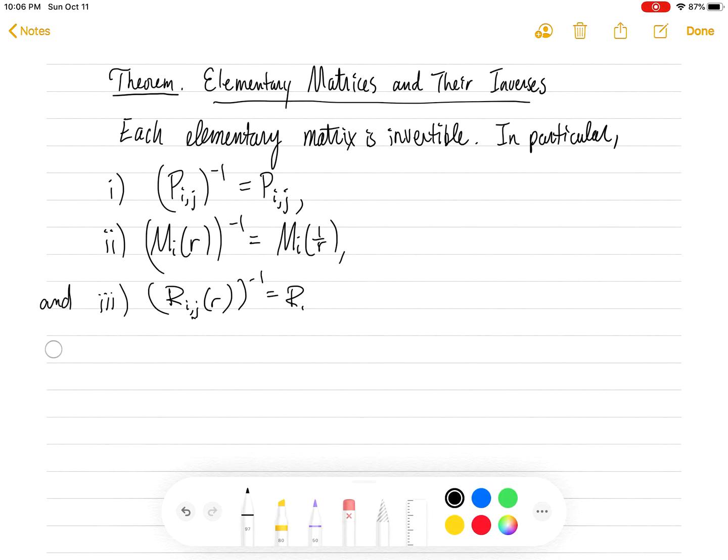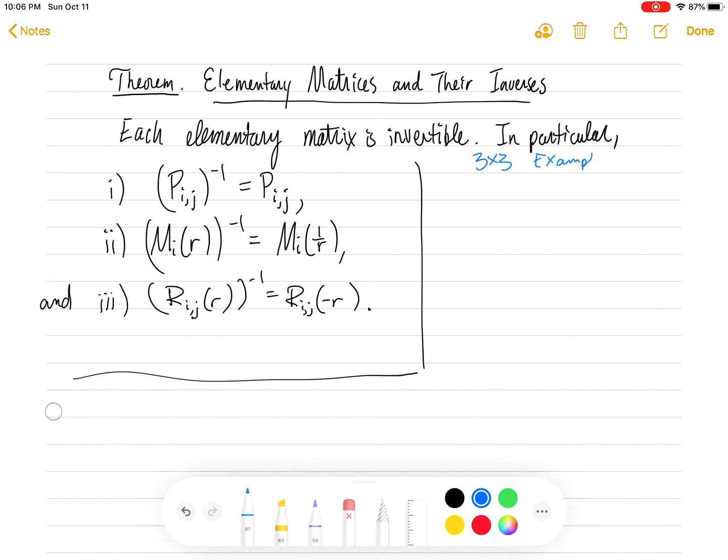And number three, the inverse of the replacement matrix Rij of r is Rij of minus r. Now I'm not going to prove this. We can do some 3 by 3 examples.